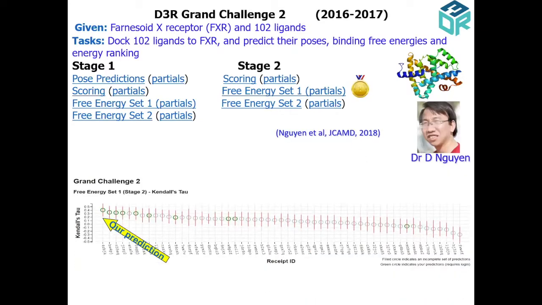And this is what we got. We didn't get anything for pose, but we indeed got number 1 for the free energy ranking. And you can see not only number 1, all the results over there are our group's.